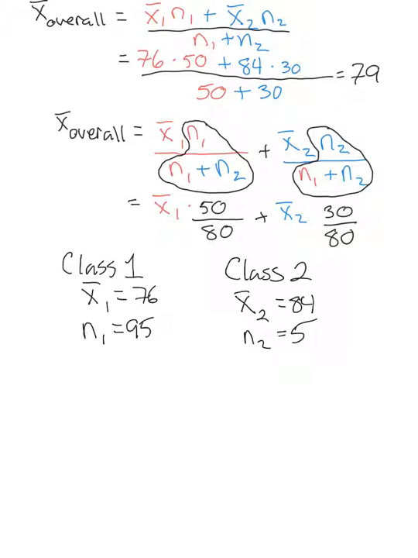So we have one class that has 95 students, and another class that has just 5 students. In this case, it's a little bit more obvious, but we should definitely give more weight to class 1. Since they have 95% of the students out of the total, because here we have n1 plus n2 equals 95 plus 5 equals 100 students, then we should give 95% of the overall average to class 1 and 5% to class 2.